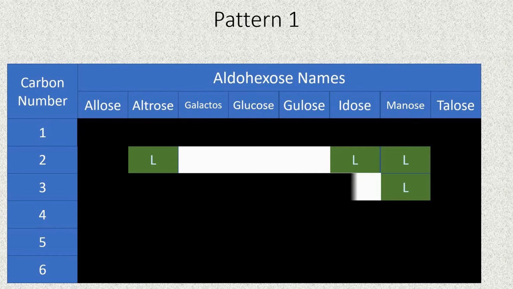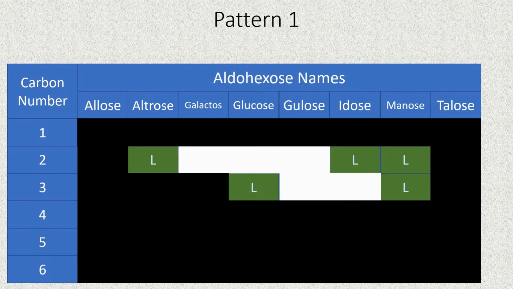So blank space and blank space. And then, as you can see, the pattern on carbon number 2 is L, and then blank spaces, and then double L. The same situation will be on carbon number 3 as well. That is, first L, and then blank spaces, and then double L. So L and L. Now our pattern has ended on galactose, and in carbon number 4, we will start from galactose.